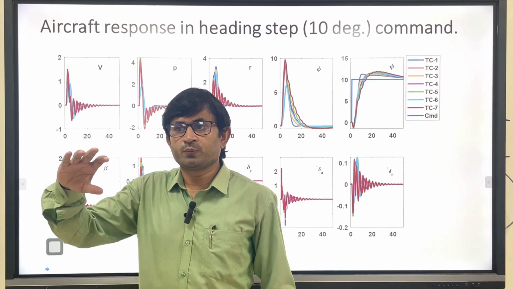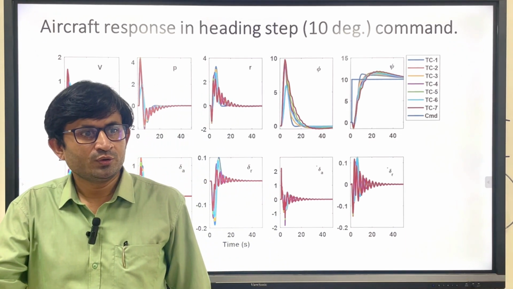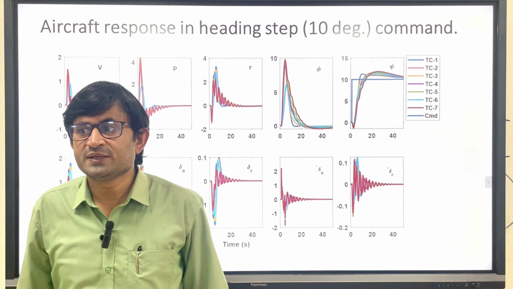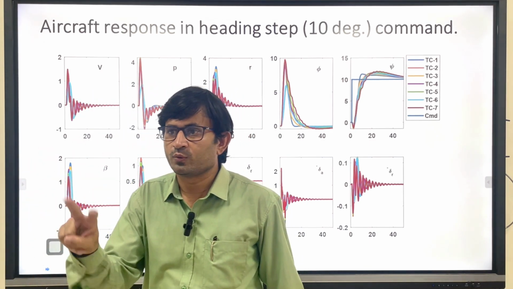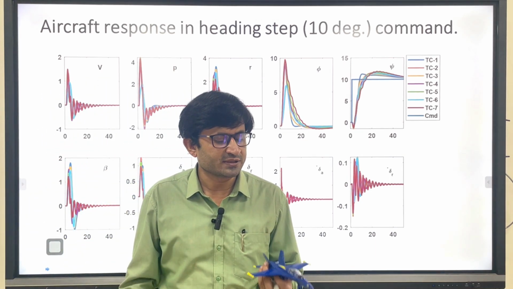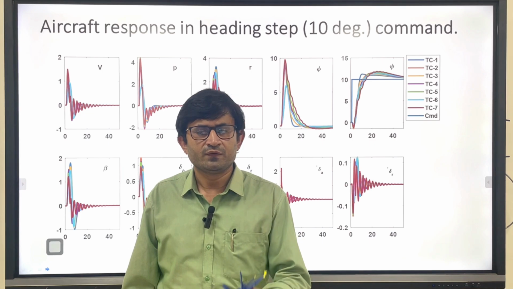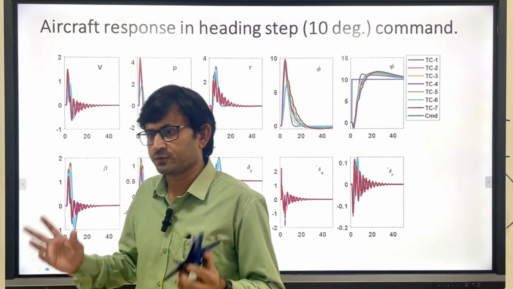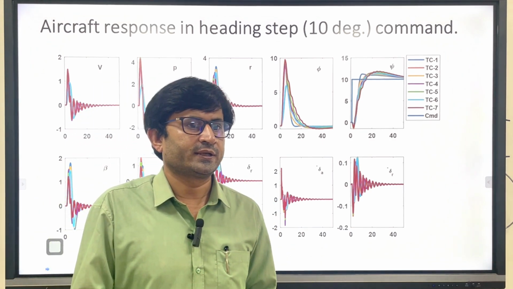So you have to put additional thrust in order to make thrust equal to drag. That means all 4 primary controls are required in order to make a perfect turn. So when I say coordinated turn, that means the aircraft is taking a turn with side slip angle 0 and it is not losing its altitude as well. That is called a coordinated turn.